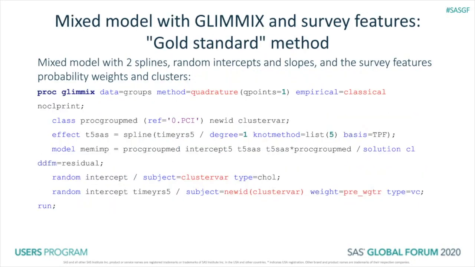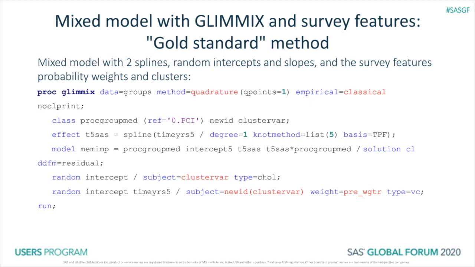On this first slide, I show you the right way of fitting a mixed effects model with survey features. In this particular example, I'm fitting a mixed effects model with 2 splines, random intercepts and slope, and the survey features probability weights and cluster. I highlight here the features that are most important in the survey design.